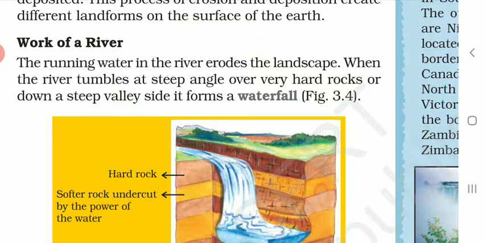When this running river tumbles, meaning falls, from a steep angle over very hard rocks or down a steep valley, it forms the waterfall.